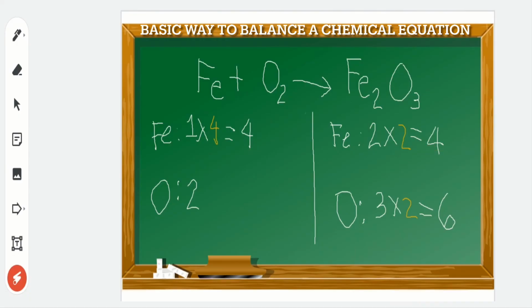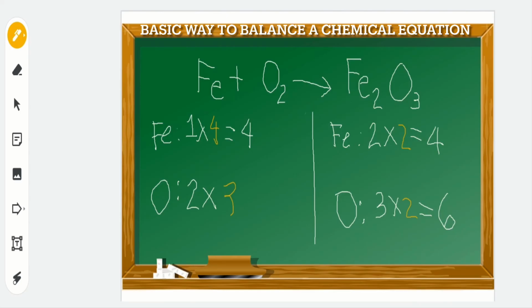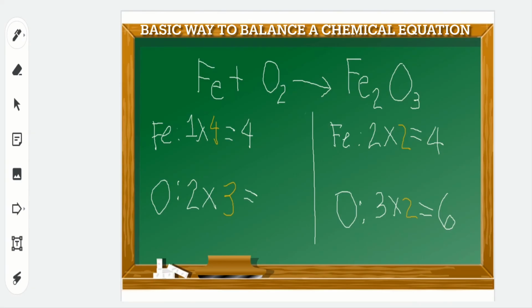Dito naman sa ating oxygen, since magkahiwalay naman si iron at saka oxygen dito sa ating reactant side, kahit na hindi parehas yung coefficient na i-multiply natin dito sa initial number of oxygen, pero dapat equal to 6. So of course, we will multiply our oxygen dito sa reactant side ng 3. That will be our coefficient. So that 2 times 3, we will have 6 oxygen dito sa ating reactant side.